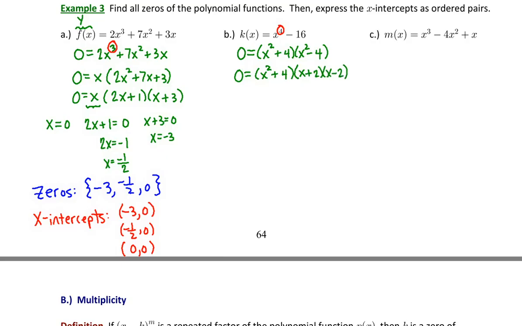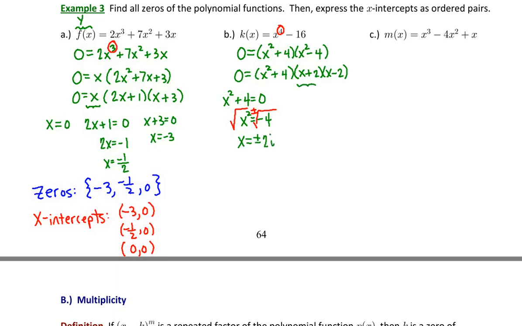So now we're going to set each factor equal to 0 and solve for x, including that quadratic factor. When we set that one equal to 0, we could easily solve it using our square root method. So isolate your x squared term, take the square root of both sides, and we'll come up with 2 imaginary zeros, plus and minus 2i.